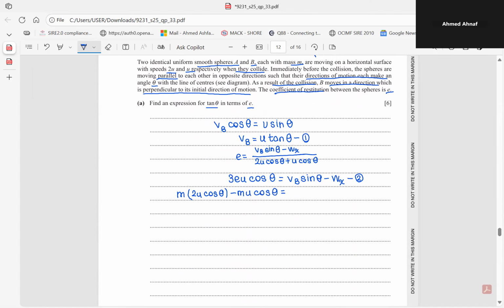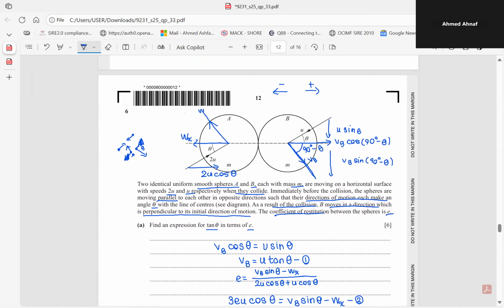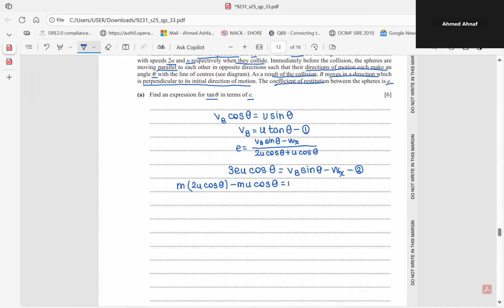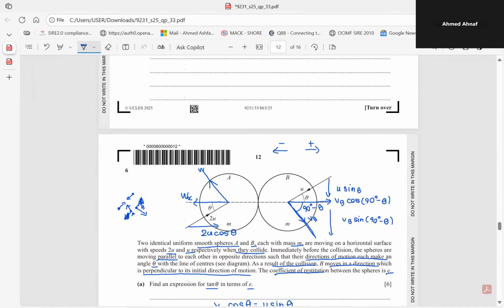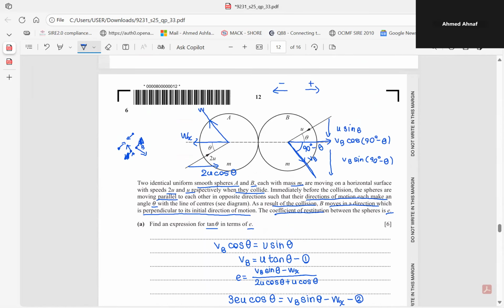And this would be equal to, so the final velocity for B is in the positive direction, so I'm going to take that first. That is m VB cosine of 90 minus theta, which is the same as m VB sine theta, and this would be minus m WX.